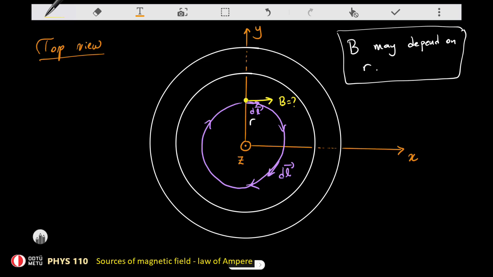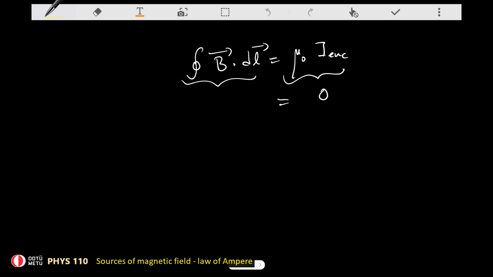And at each point also the magnetic field is tangent to the loop. So therefore these two vectors make a zero angle with each other. So as a result, I'm going to write down this dot product as the product of the strength of the magnetic field multiplied with the length multiplied with the cosine of the angle between them, and this cosine is 1.